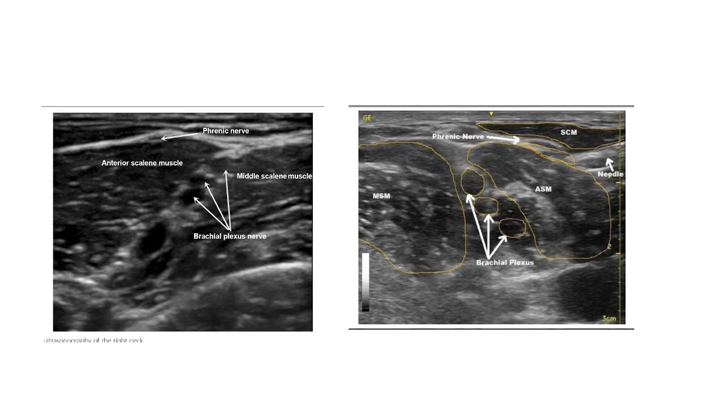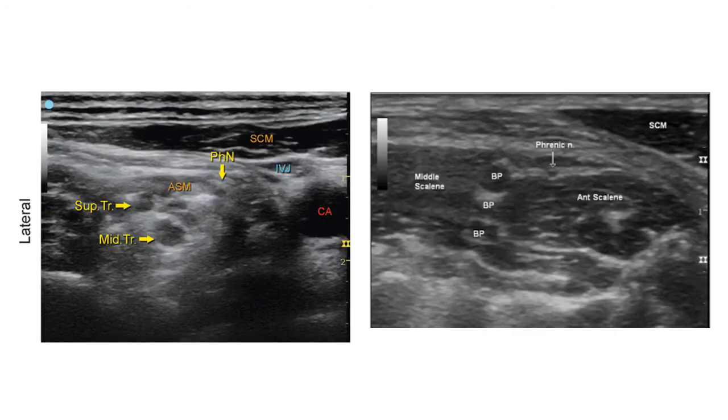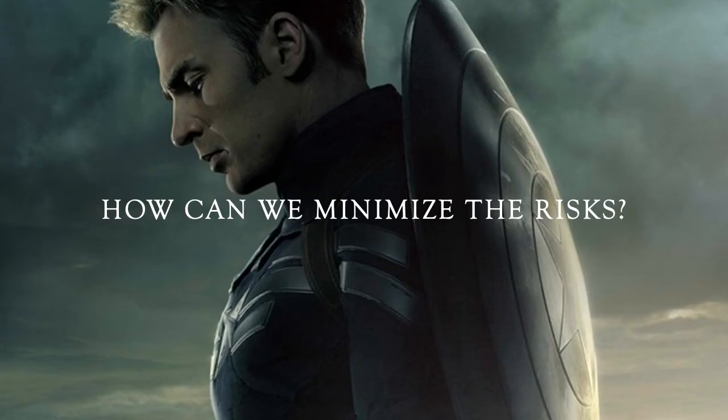So this is a phrenic nerve. This is the phrenic nerve, okay? This is also a phrenic nerve right above the interscalene groove. So it's quite common.